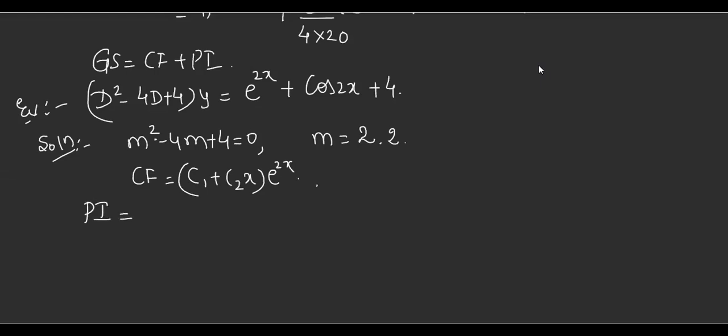Let us take the next part. Now if you see the RHS, how many terms are there? 3. So obviously PI also will have 3 terms, all separate.